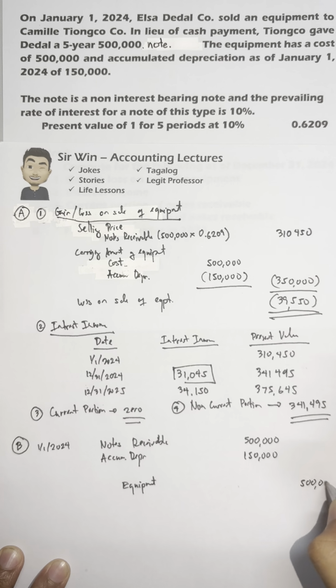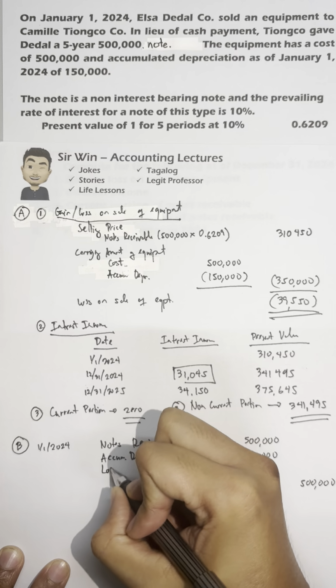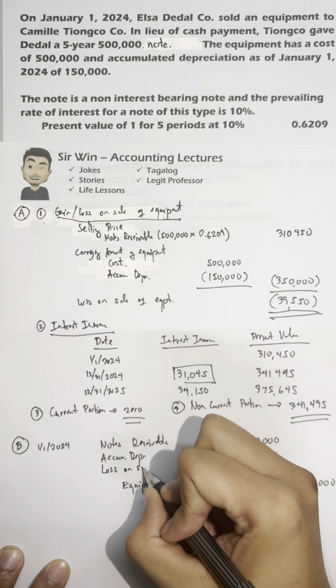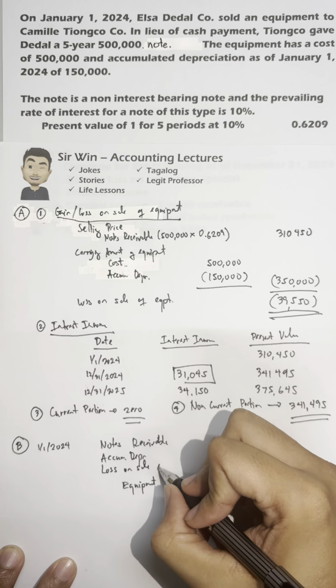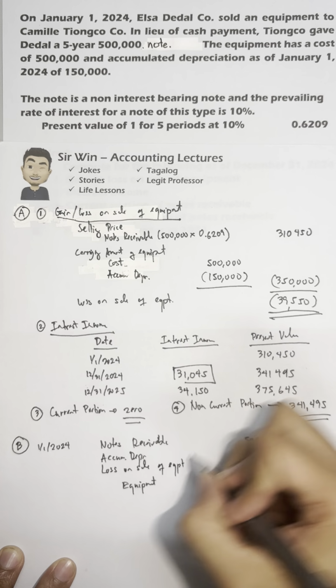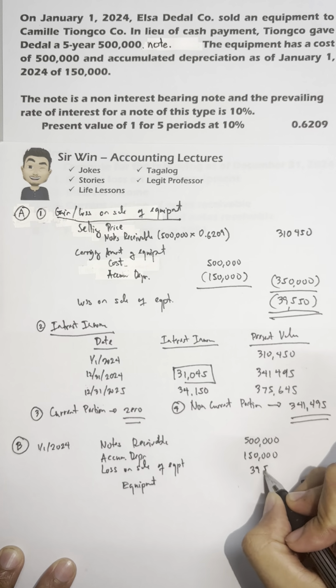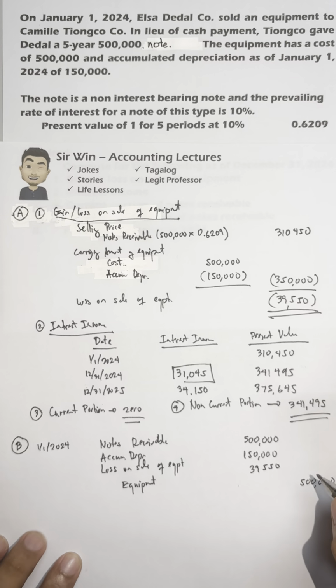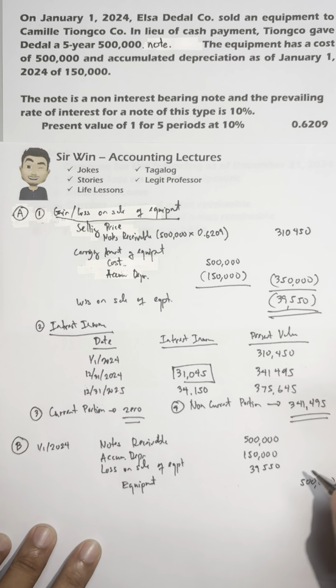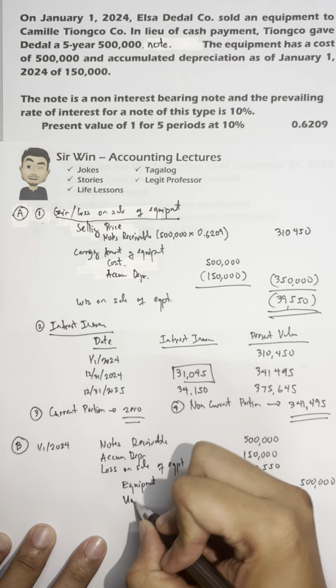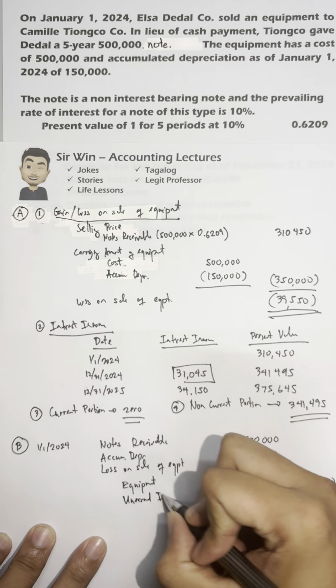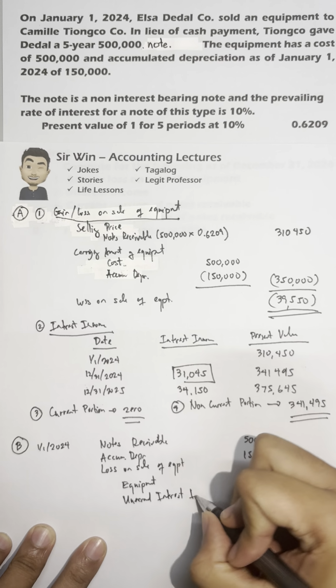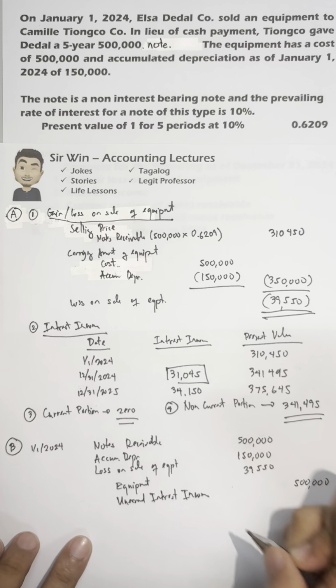Hindi pa yan balance. Diba? There is a loss. Kanina, there is a loss on sale. The loss on sale of equipment is amounting to 39,550. Hindi pa rin yan balance. Diba? Okay? Why? Because there is this what we call unearned interest income. Yan yung nakatagong interest dun sa non-interest bearing note.